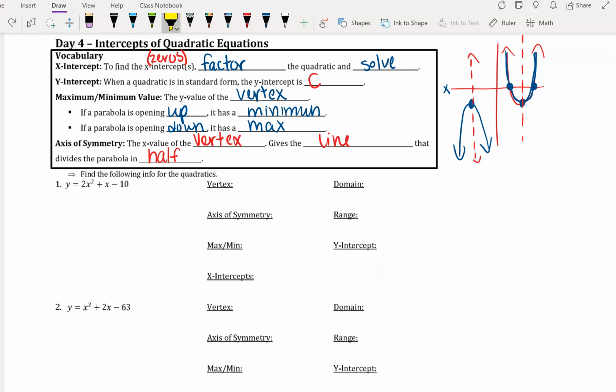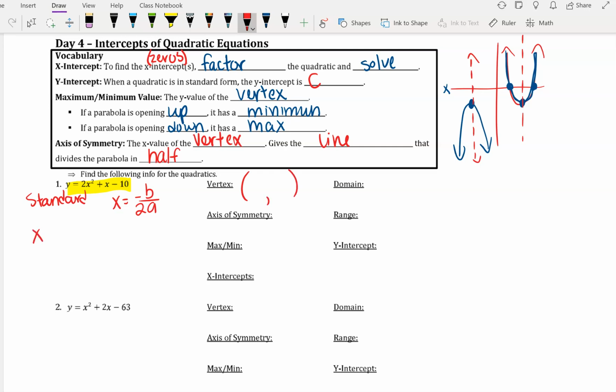Unfortunately, this right here is in standard form and not vertex form like we like. So we are going to have to find the vertex using the formula x equals negative b over 2a. That's the formula for finding the x-coordinate of the vertex.